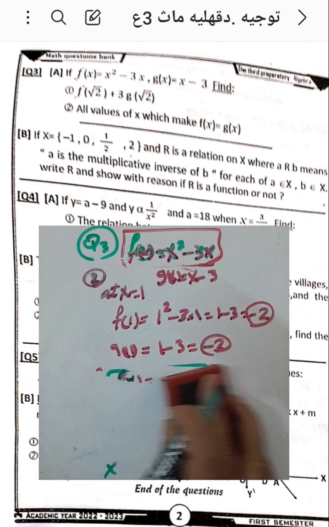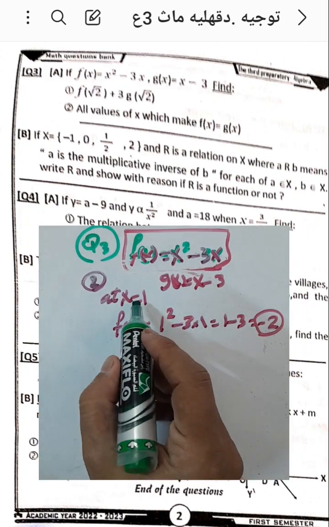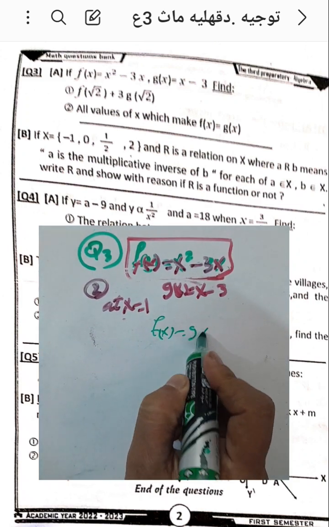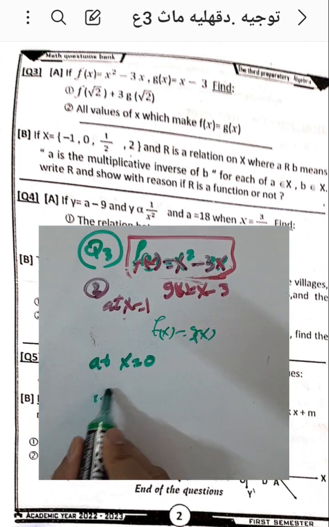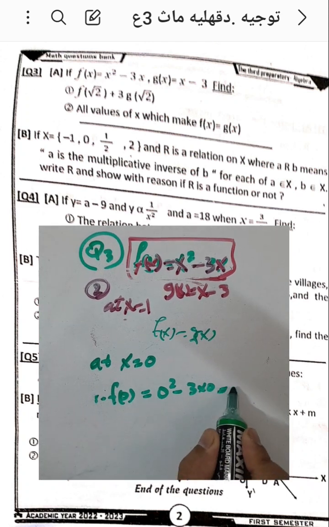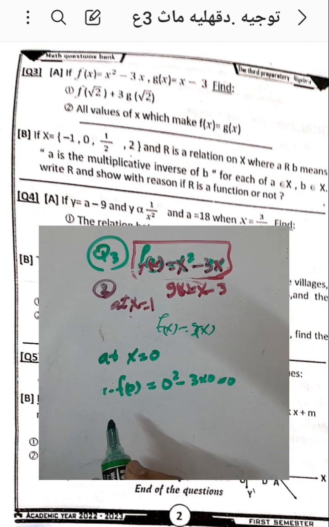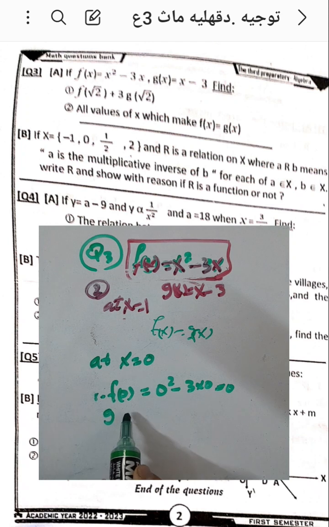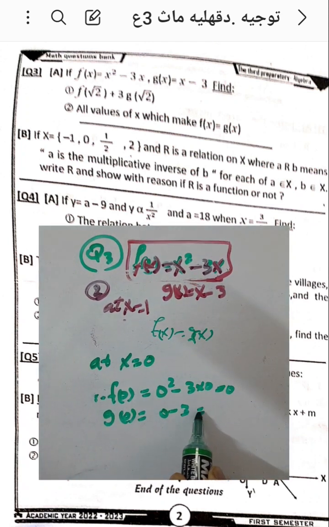Okay, so all values of x that make f of x equal g of x are at x equal 1. Now put x equal 0: f of 0 will be 0 power 2 minus 3 times 0, which will be 0. Okay, and put x equal 0 in g of 0, it will be 0 minus 3, which is negative 3.